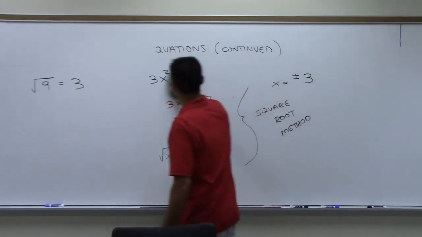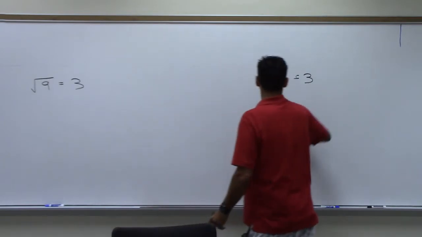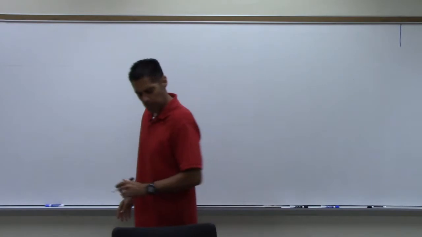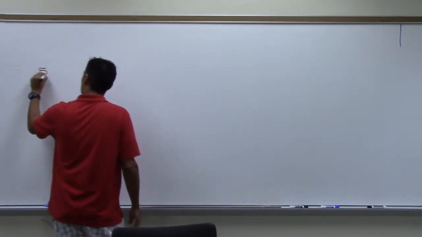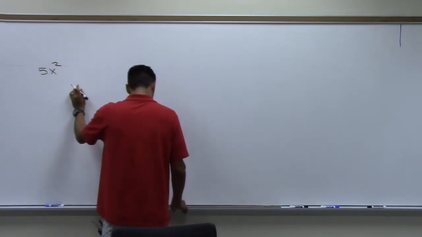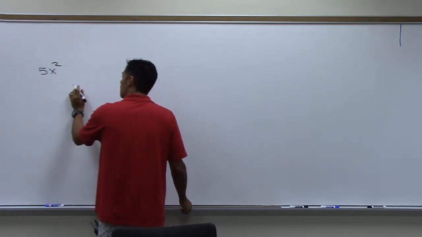All right, let's give you one to work with here. How about 5x squared, trying to think of something that's not so nice.